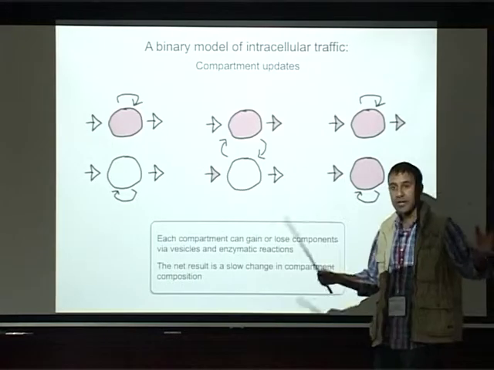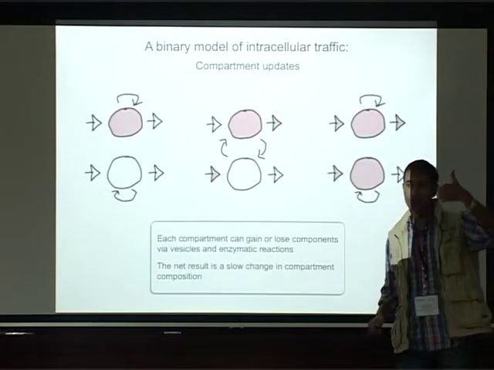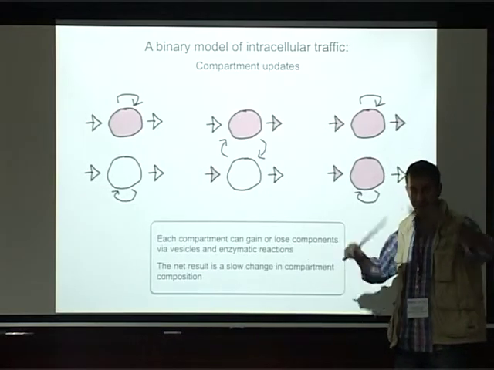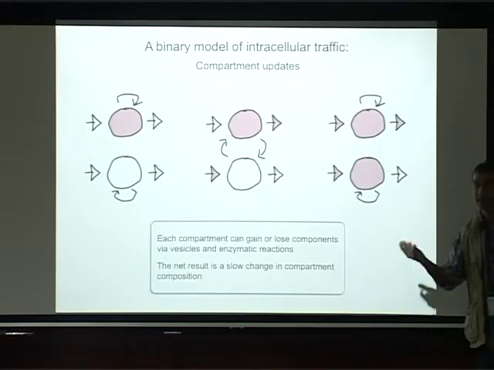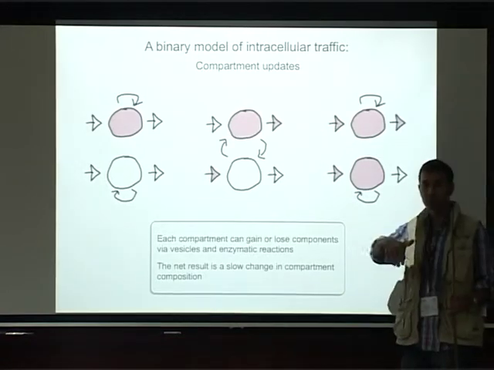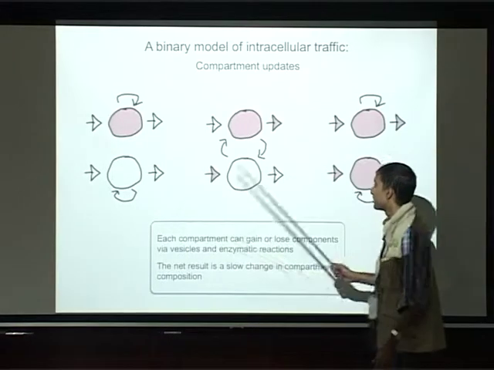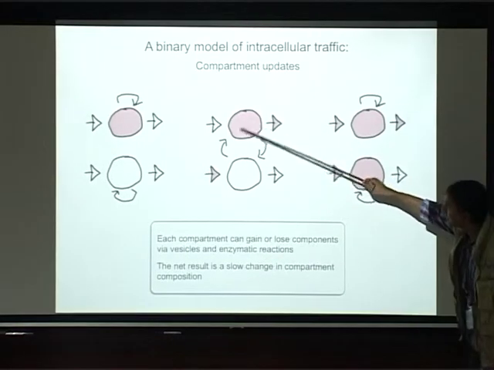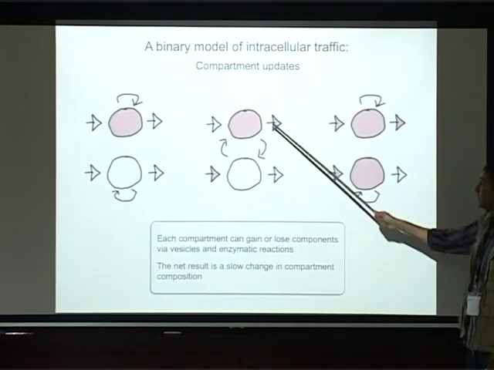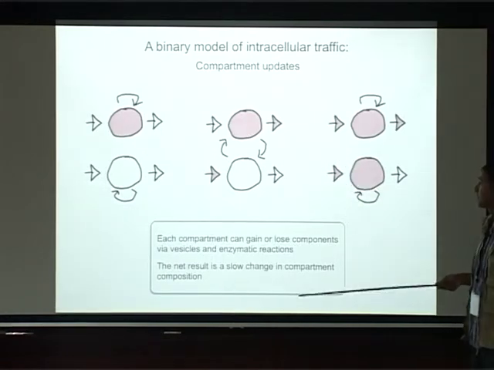So now that you have a rule, we've done two things. We have described the state space of our model, which is the ones and zeros on every compartment, the set of all the compartments in the cell. We've described the interaction step: compartments give vesicles, and vesicles fuse to other compartments. This then leads to a time update rule. For example, suppose you have a compartment that contains some molecule, labeled in pink, and there are vesicles coming in and going out to all the other compartments.